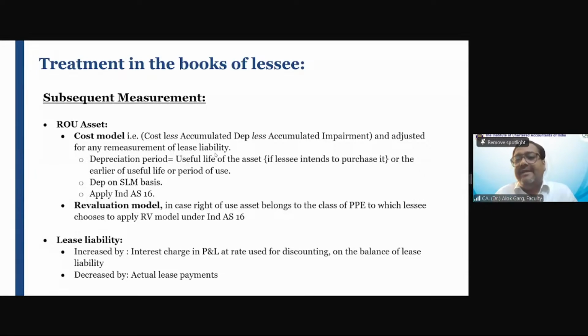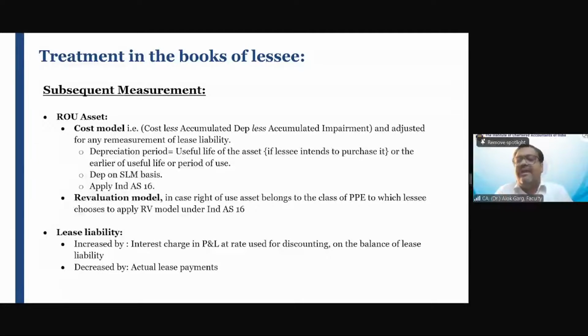Don't you think at the end of the 3rd year, when we come to a reporting date, my right of use asset and my lease liability are as per the old terms? I mean to say, at the end of the 3rd year, my remaining lease liability and ROU asset are limited to a 2-year period only, right? Technically speaking. But now my lease term has been extended, so my lease liability should be increased.